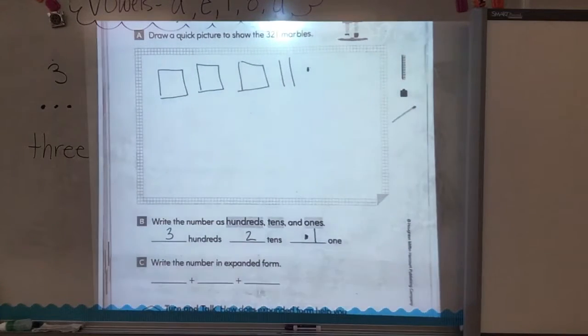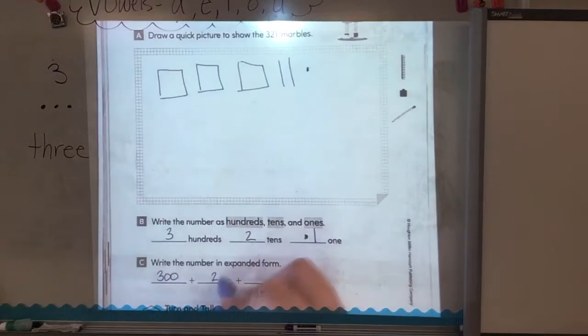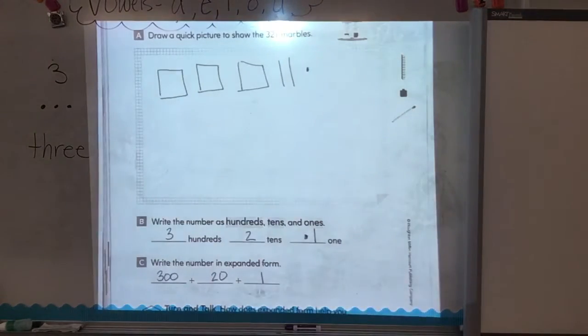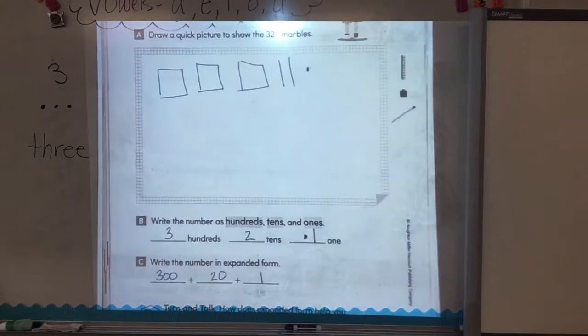Okay, so I'm going to add my hundreds first. I had 3 hundreds, that equals 300. I had 2 tens, which equals 20. And then I had 1 one that equals 1. So expanded form breaks it apart and shows me the value of each place in that number.